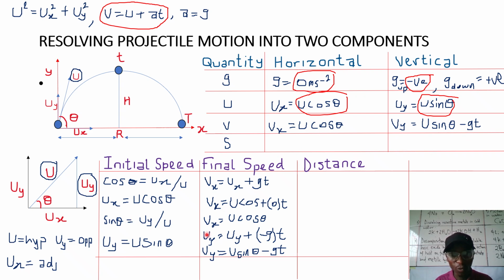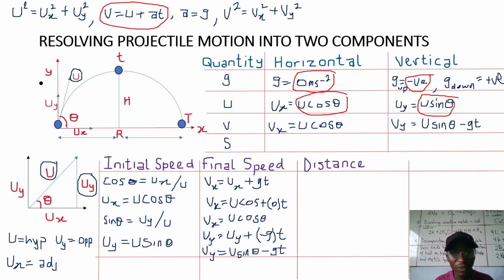So what we are left with now is to get our resultant final speed, which will be V. Our V squared, same as our initial, will be equal to Vx all squared plus Vy all squared, and that is our final speed along the vertical axis.